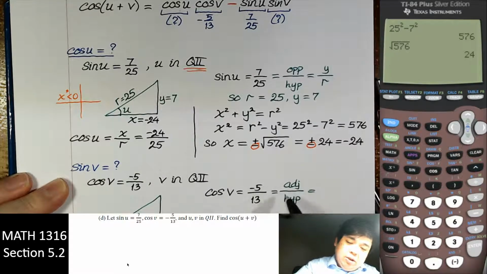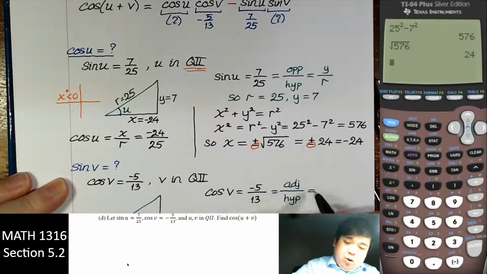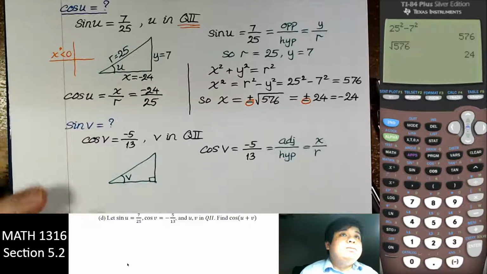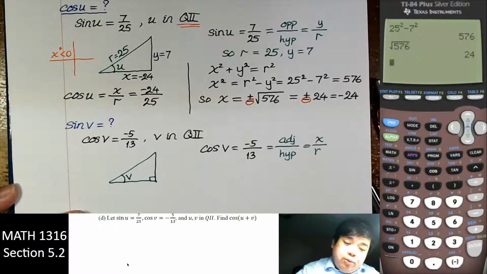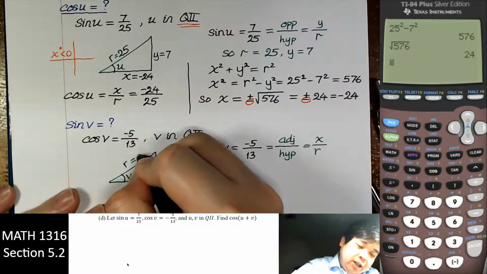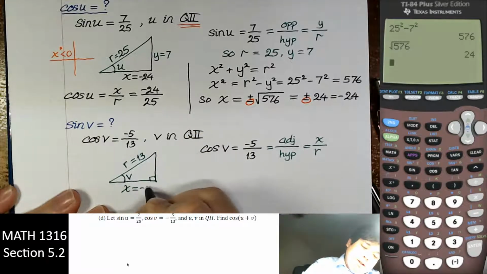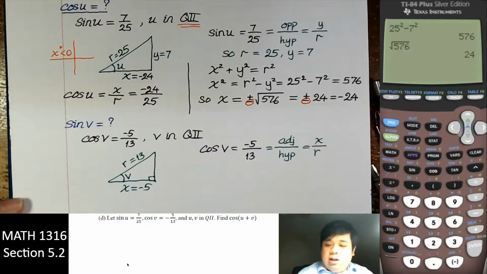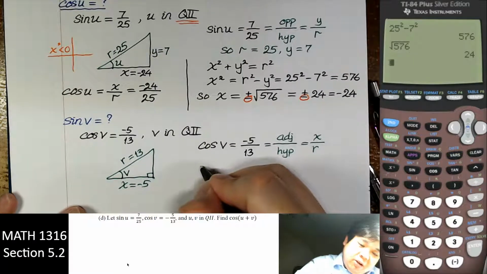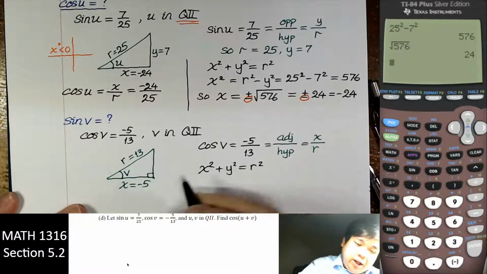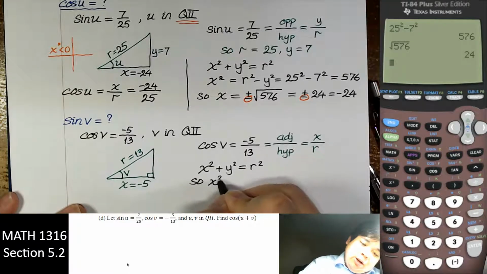Adjacent is x with respect to this angle, and hypotenuse is r. So r is always positive, so we let r equal 13, and because of that x is negative. Right. And then Pythagorean theorem, x squared plus y squared equal to r squared.